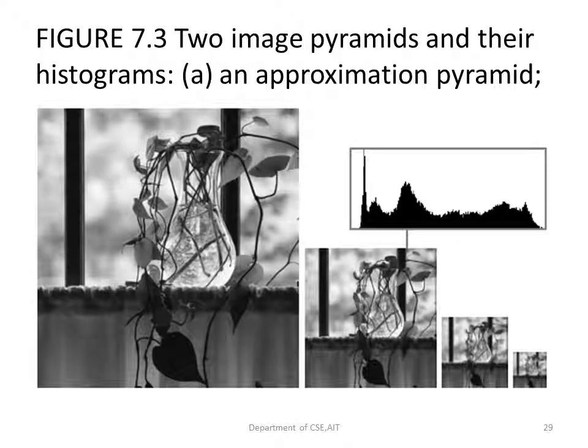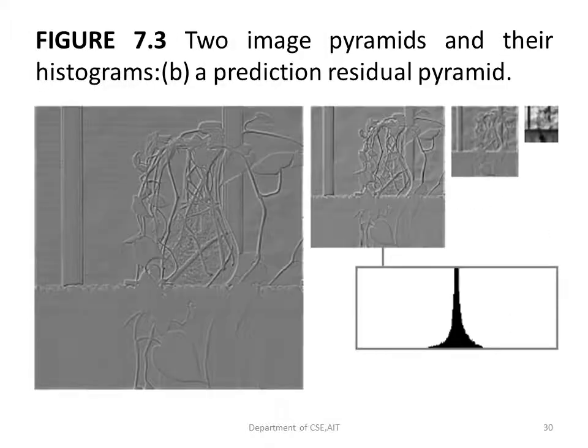In this figure, figure 7.3, we can see an approximation pyramid for the vase, the plant and its background. This approximation pyramid is called a Gaussian pyramid because a Gaussian filter has been used to construct it. Picture B, for the same input, the vase, the plant and the background, gives a prediction residual pyramid.